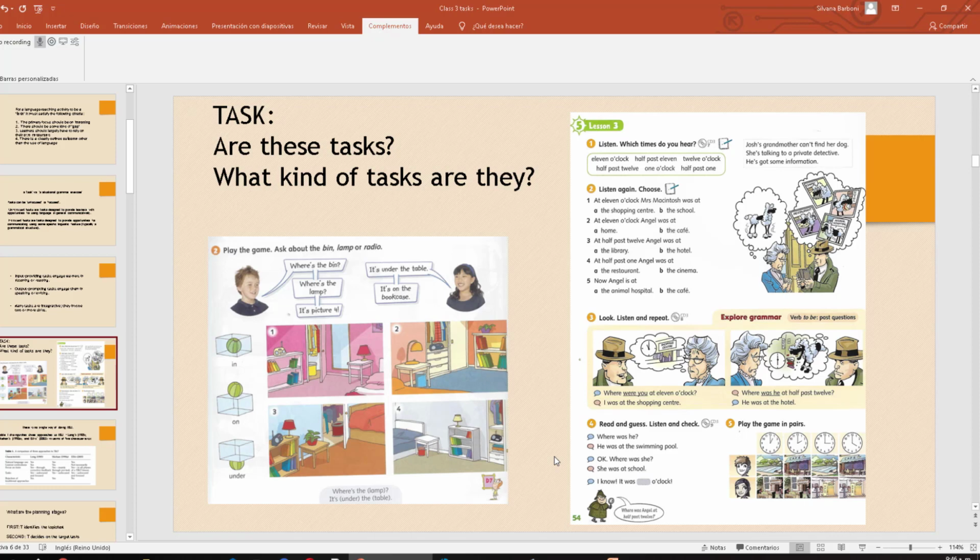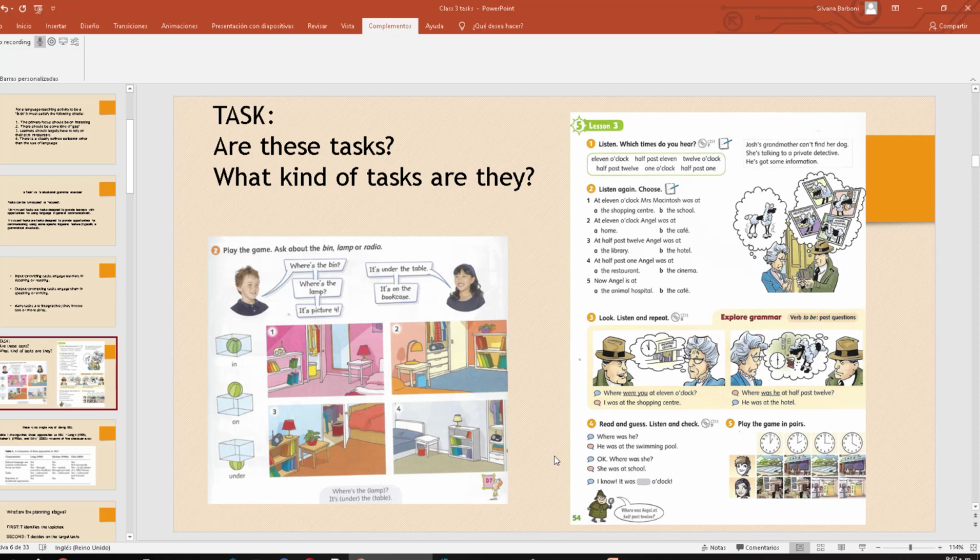We expect them to use the structure: Where's the...? It's under, on, in, the... So we are expecting this interactive routine in their speech. So this is the reason why it's focused. And it is also an output prompting task, because students have to speak, have to produce the language.